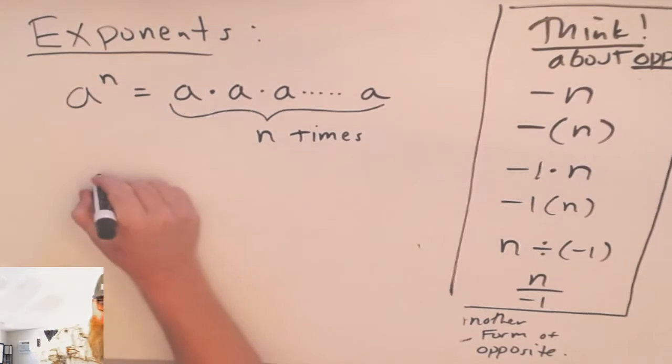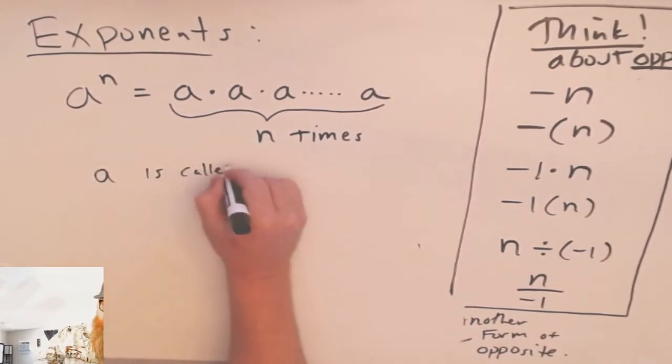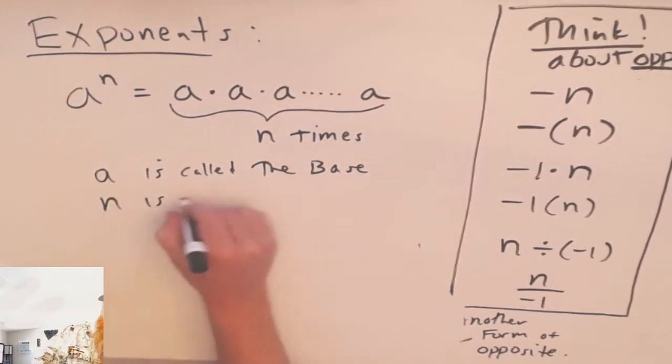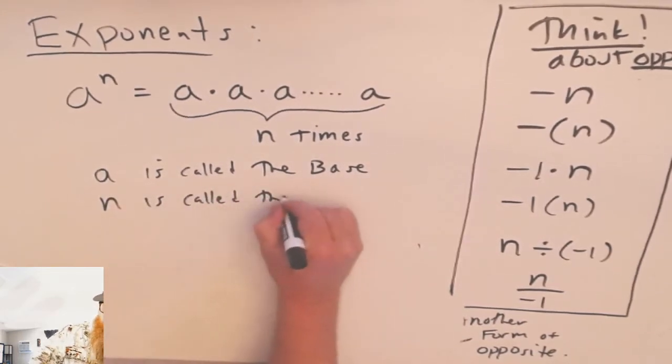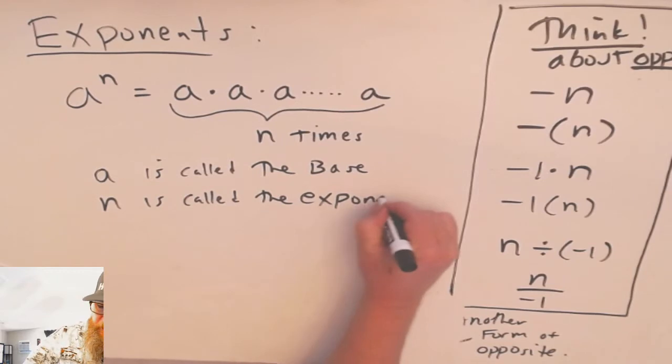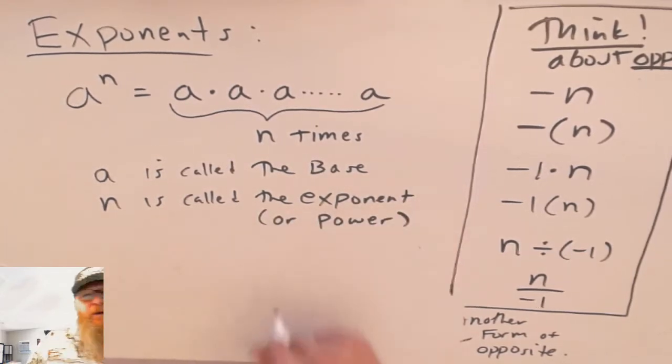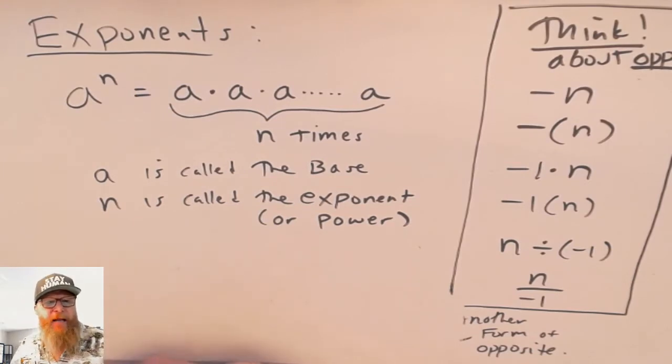Right? A is called the base. N is called the exponent or the power. They mean the same thing. Exponent, power means the same thing.